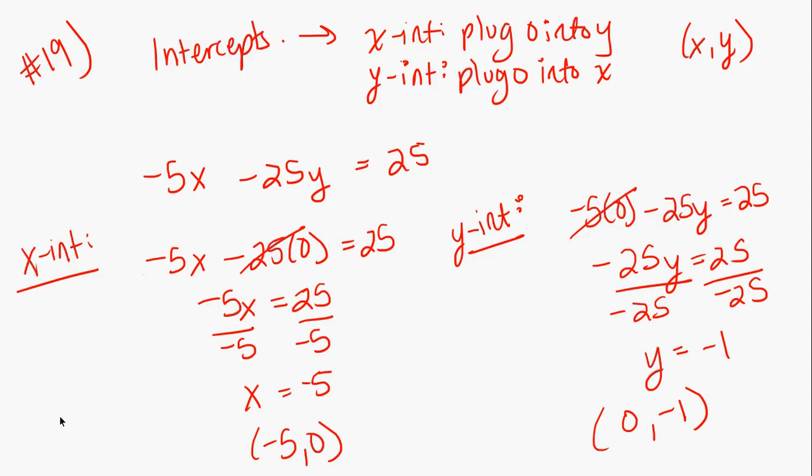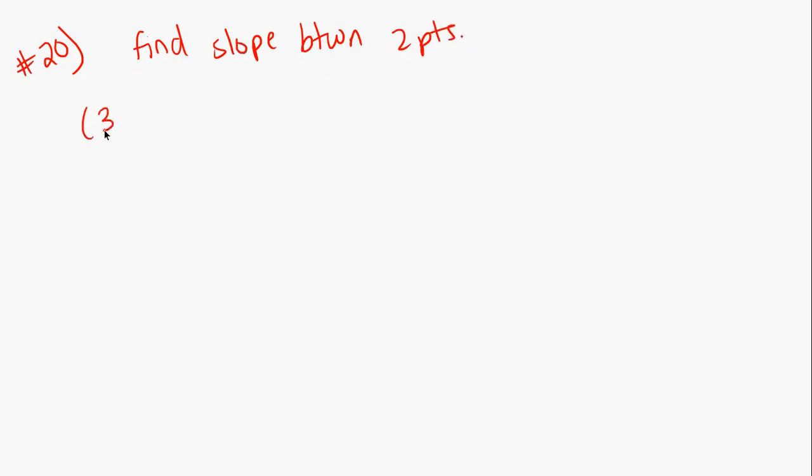All right, number 20. It says find the slope between 2 points. And it tells us that our points are 3, 8 and 3, 5.